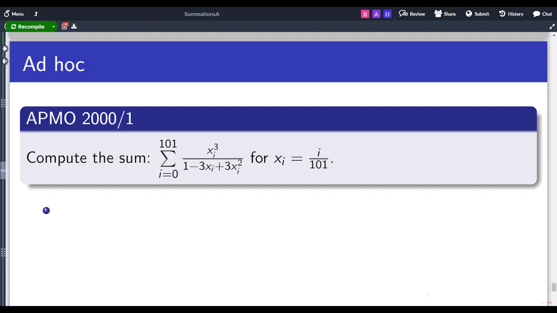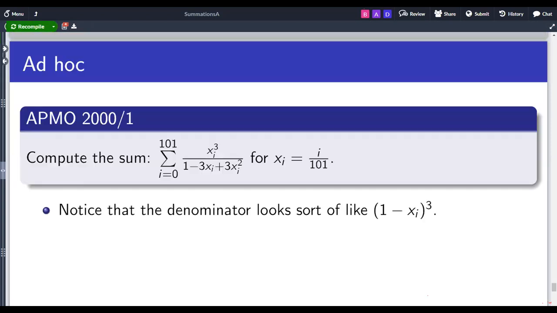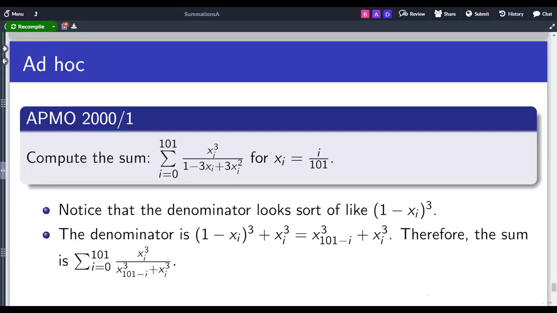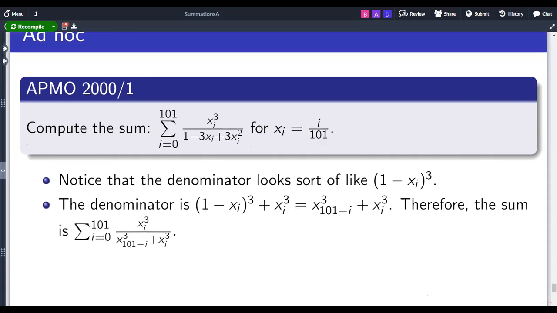Yeah, so it looks like a cube. The denominator sort of looks like (1 - x_i)^3. So we can try to make it that by writing the denominator as 1 - x_i^3 + x_i^3, so that we get 1 - 3x_i + 3x_i^2.